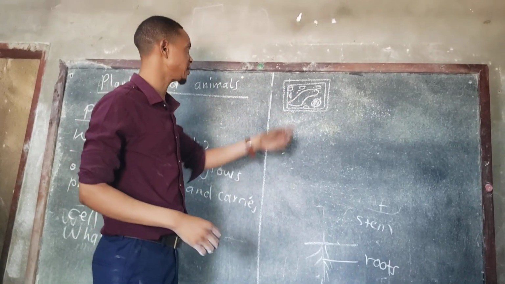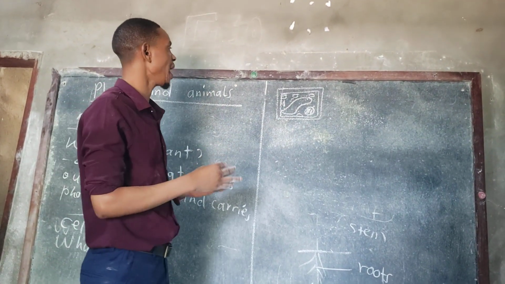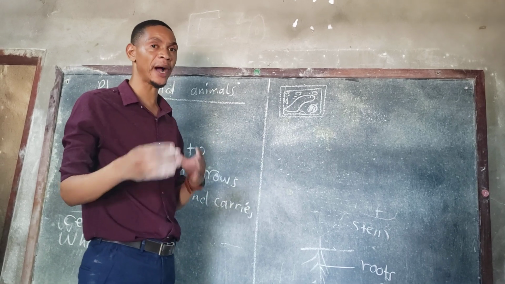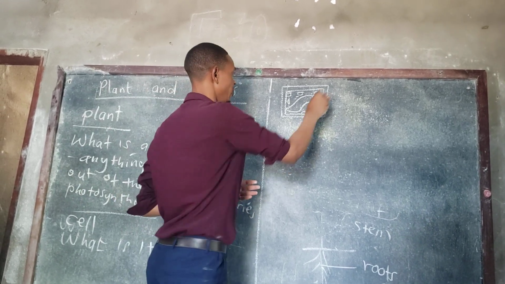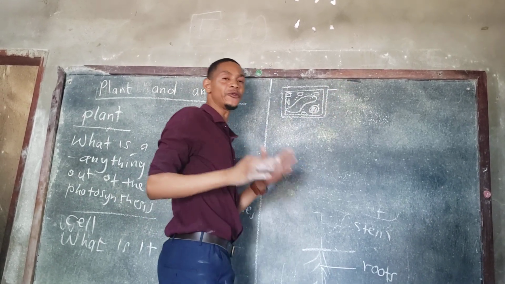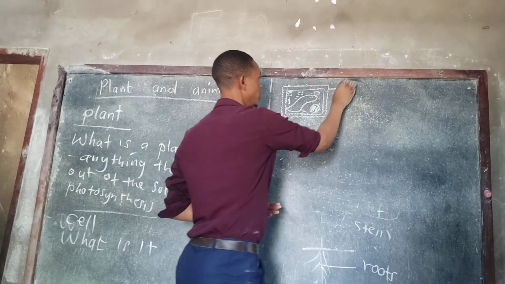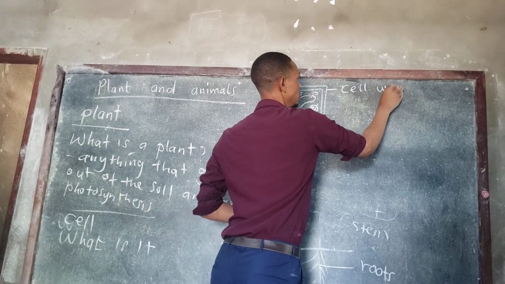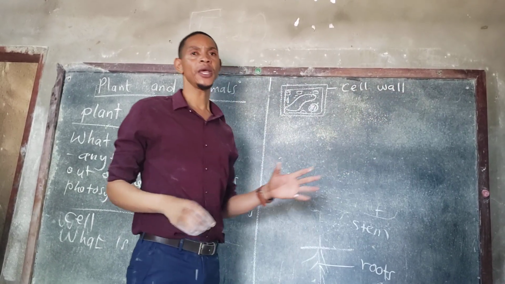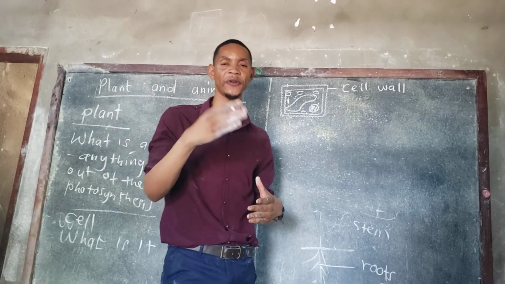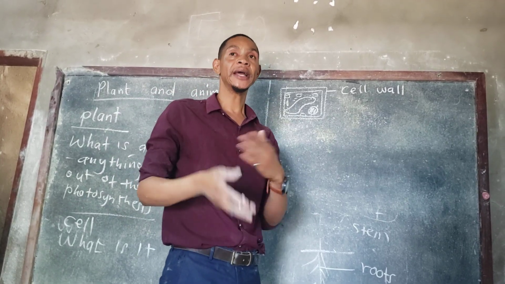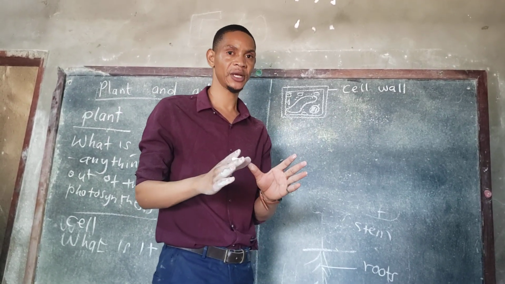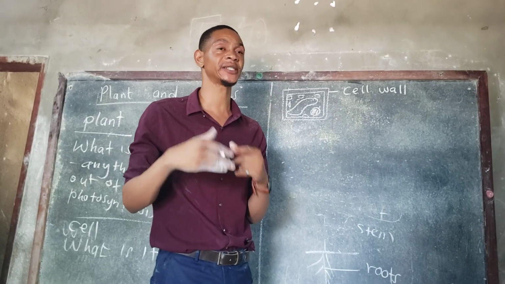So this is a plant cell, and it is made up of different parts. The first part of a plant cell is known as the cellulose. You can call it cellulose, or you can call it the cell wall. What is a cell wall? A cell wall is the outer part of a plant cell that is made up of tiny fibrous structures known as cellulose.